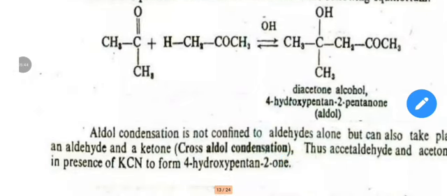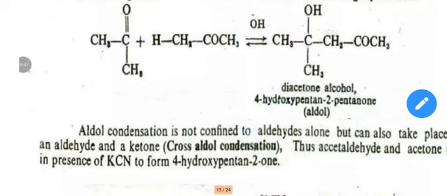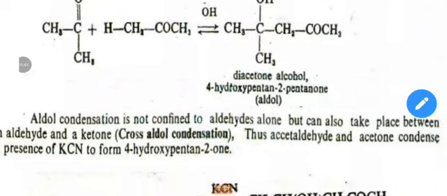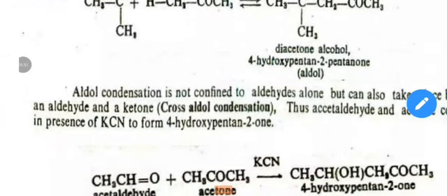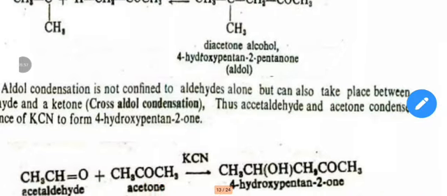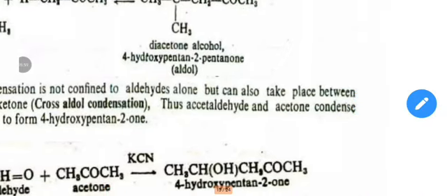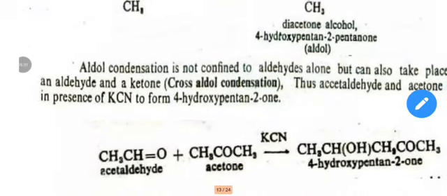Then aldol condensation is not confined to aldehydes alone but can also take place between an aldehyde and a ketone. So it is known as crossed aldol condensation. Thus, acetaldehyde and acetone condense in the presence of base to form 4-hydroxypentan-2-one.